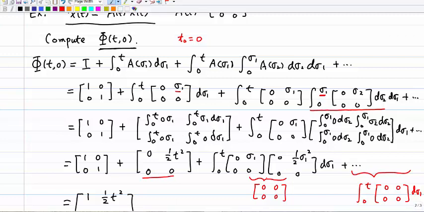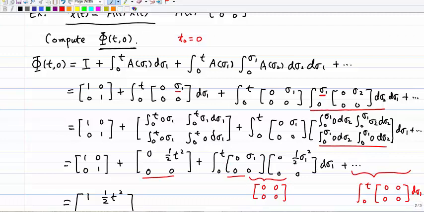Now for this inner one, since I already computed it, it is given by this. The difference between here and here is I replace t by sigma 1 squared. So I multiply this matrix by this matrix. Once we do the multiplication of the two matrices, the product is just [0 0; 0 0]. Now this zero makes it simple. Integration of zero over any interval will still be zero, so this term is gone.